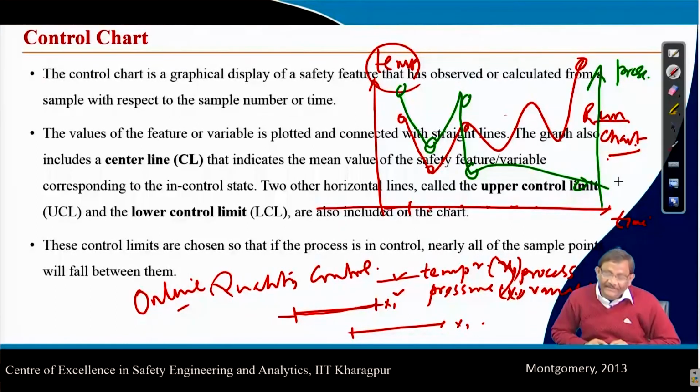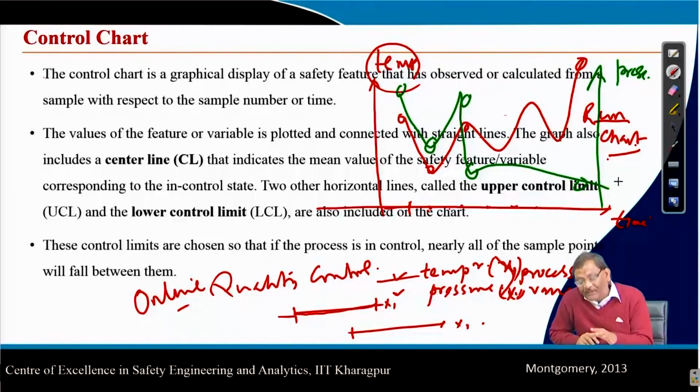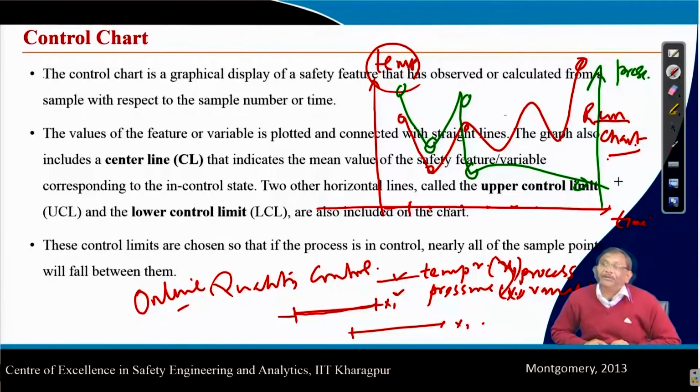The question is, can this phenomenon be utilized in the safety domain? Can we say that there are certain safety characteristics, safety features, or safety outcomes that are a result of such indicators, like leading indicators or lagging indicators?